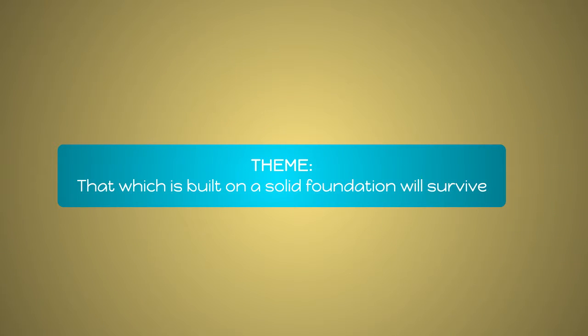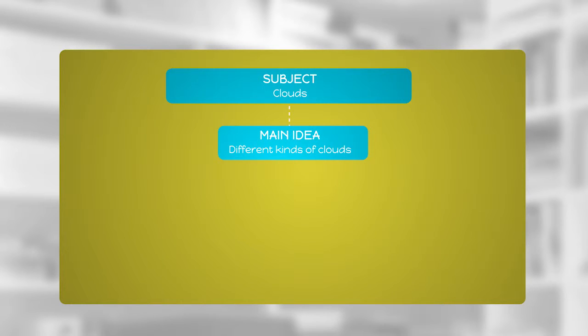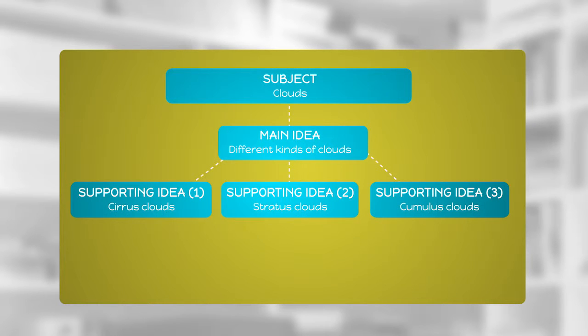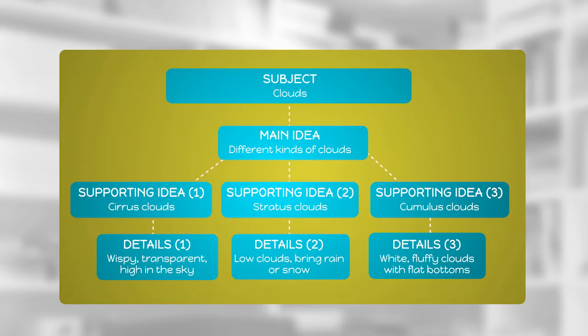And there is an overarching theme or big idea. On the other hand, expository or informational text gives information. There is a subject that tells what the passage is mostly about, a main idea that is the subject plus what the passage says about the subject, supporting ideas, and details.